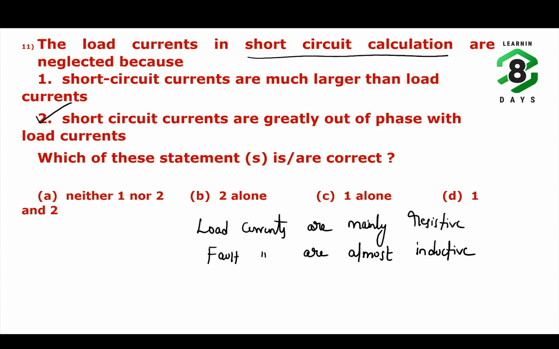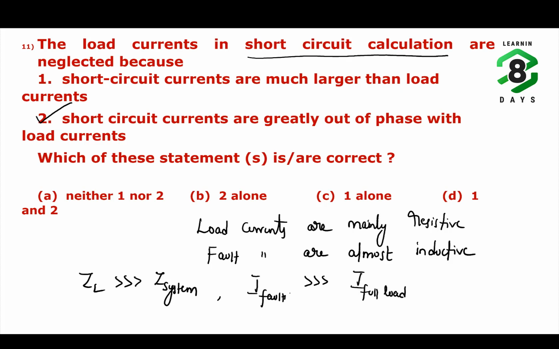This is true. Second point, the load impedance is very much greater than the system impedance. That means the load impedance value is very much greater than the system impedance, because the impedance of all the power system elements like alternators, transformers, transmission lines is very small when compared to the load impedance. So fault currents are very much greater than full load currents.